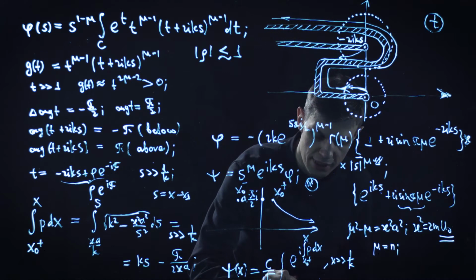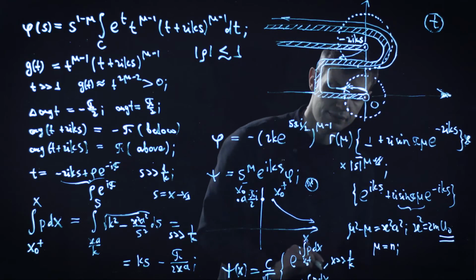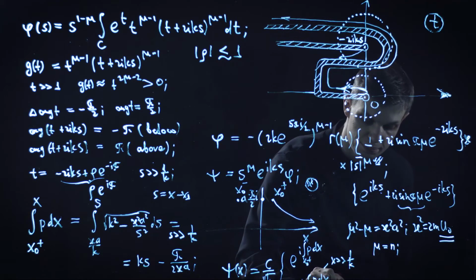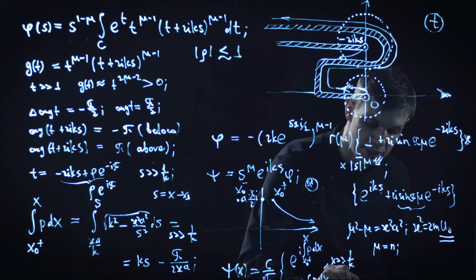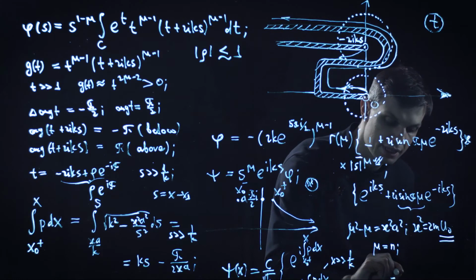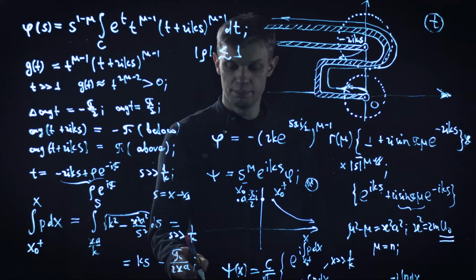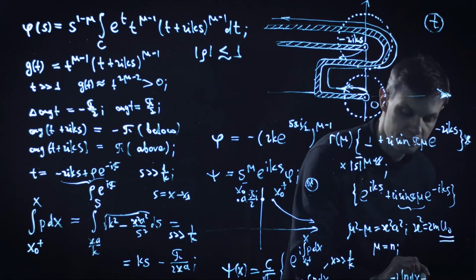All right, so what we get is just e to the integral p dx plus 2I sine of pi mu times e to minus I integral p dx, and minus this phase.